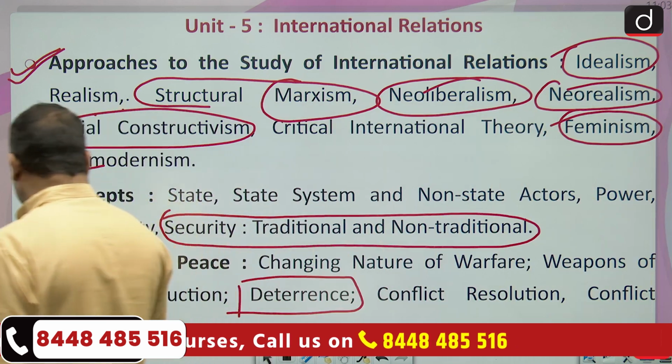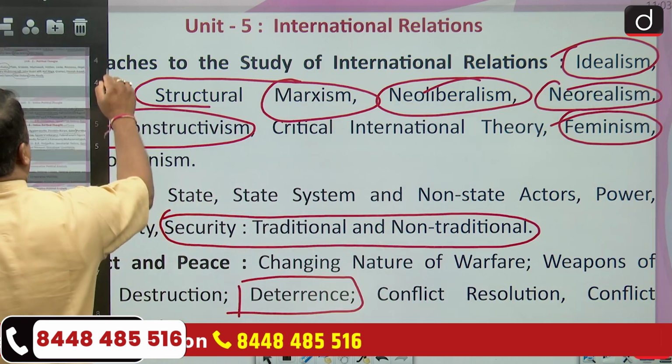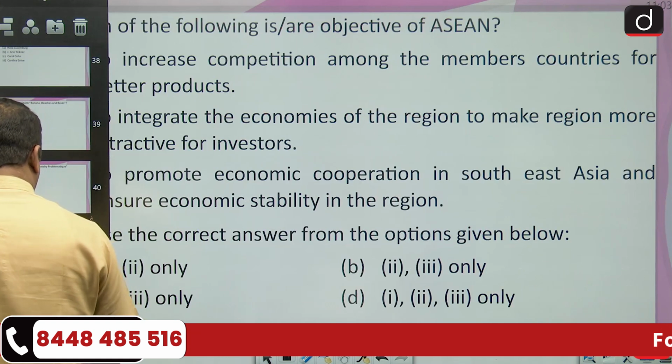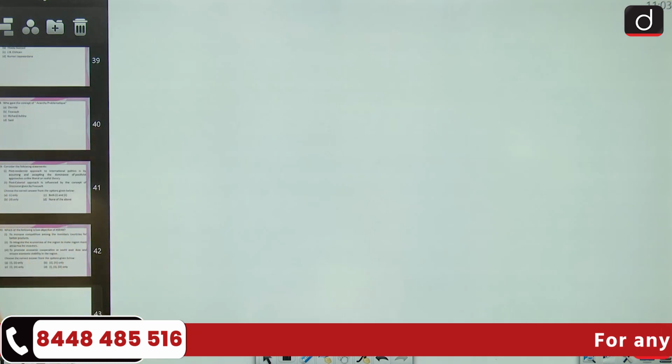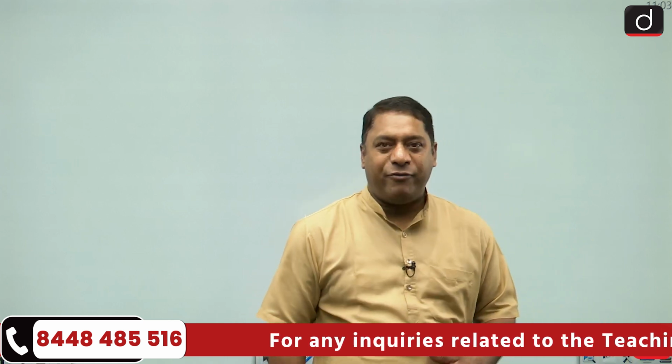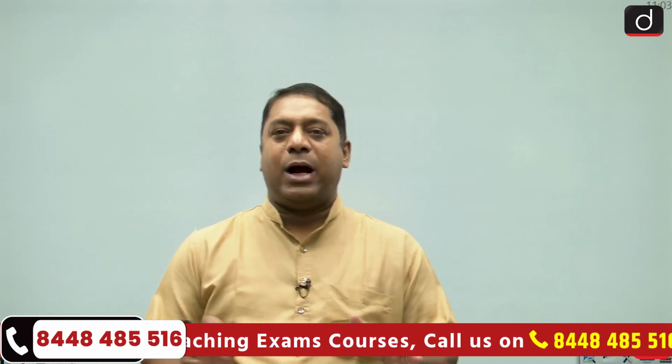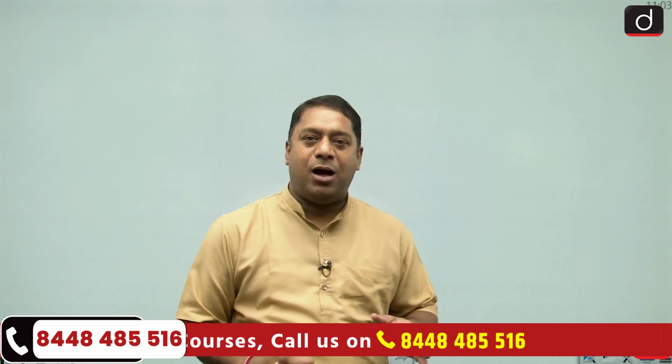But before going into the approaches, I will move into the very important meaning, nature and scope of international relations. Then after we cover the meaning, the scope and the nature of international relations, we'll move into the approaches one by one.